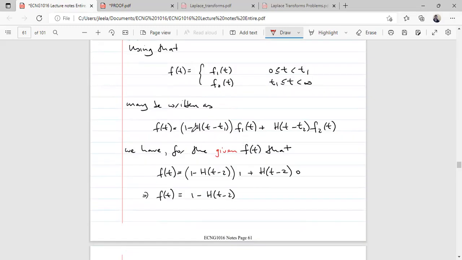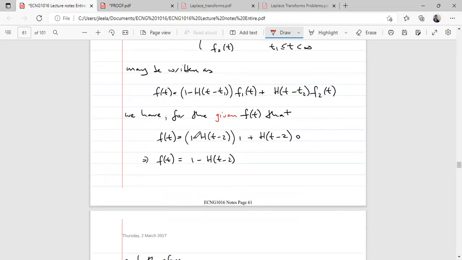Look, it's written here: 1 by f1(t) plus h(t minus 2) by f2(t). So this part here is 1 by h(t) minus 1, because h(t) is 1, and then this h(t minus 2) by 0. This part drops out.